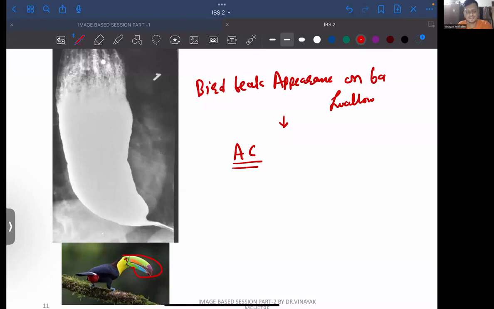Who will tell me the clinical features of achalasia cardia? अगर ये याद है, you will mark the answer correct.